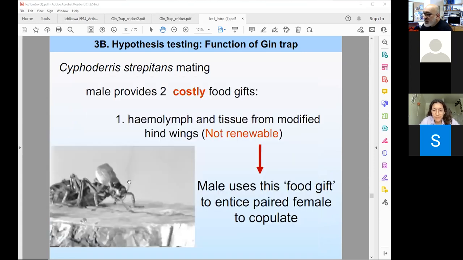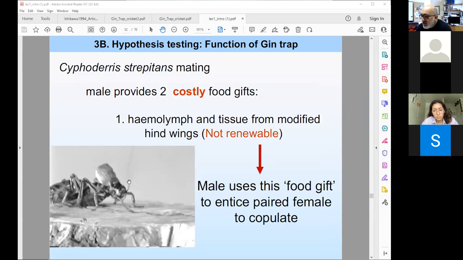And the interesting thing is that the male provides two costly food gifts. The first is that there are a set of hind wings, and I'm going to show you some video in a second. There's video, I put it on the D2L as well for you to download if you want.